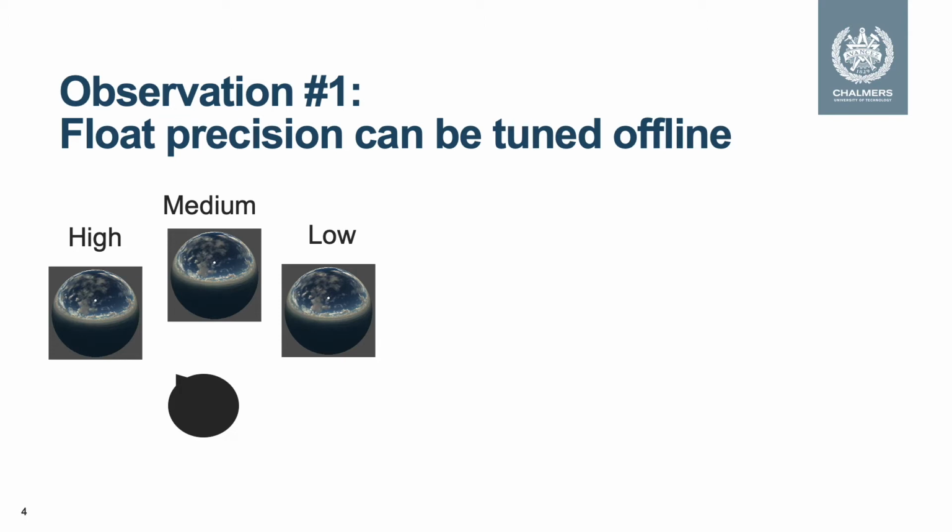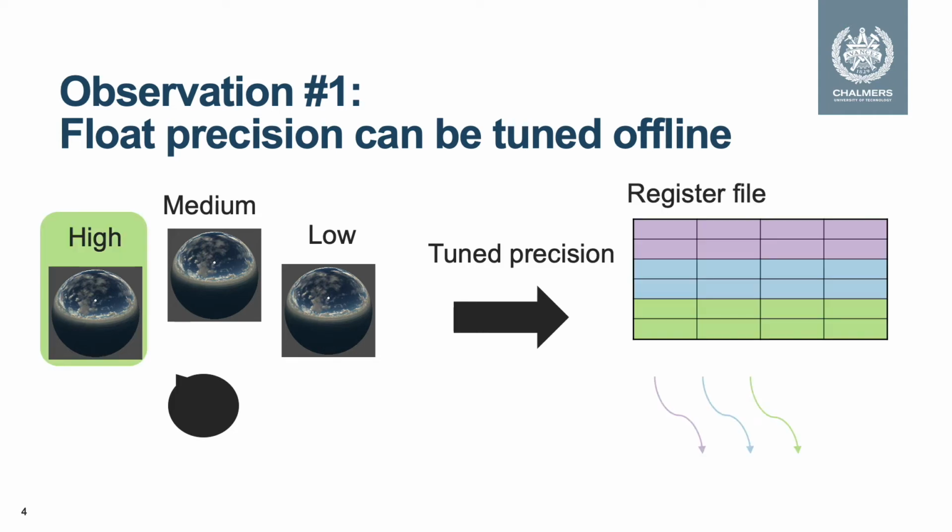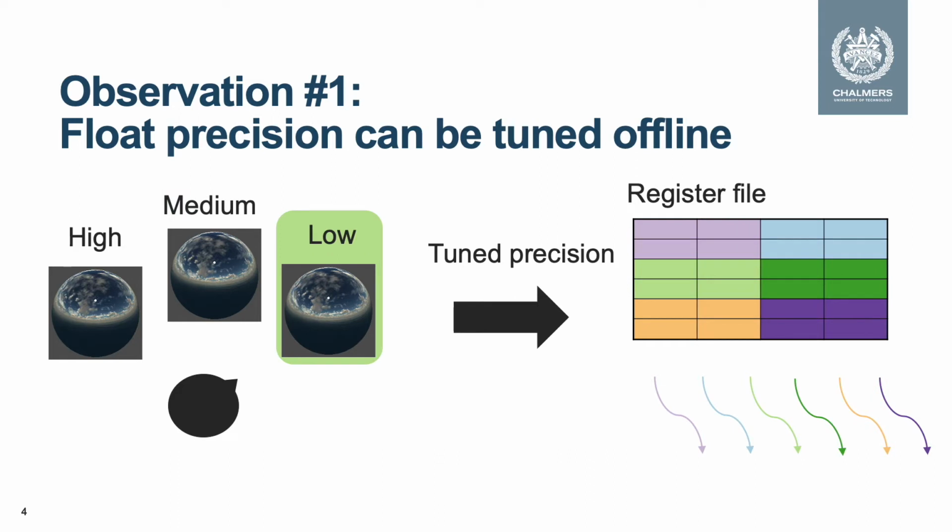Our proposal builds upon two observations. The first one is that many applications can handle a much lower floating point precision than what they are currently using. Also, it's possible to tune the precision of all the floating point values offline in order to meet a certain quality threshold. As the quality threshold is lowered, and thus the precision, less information needs to be stored, and thus more threads can fit into the register file.